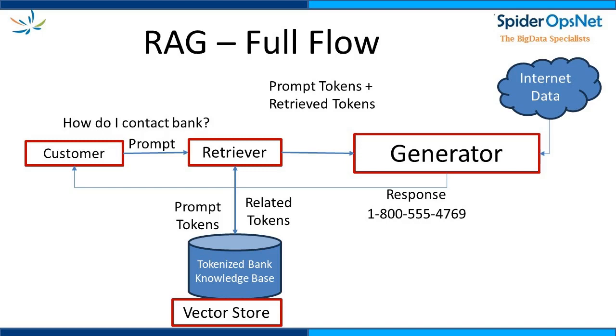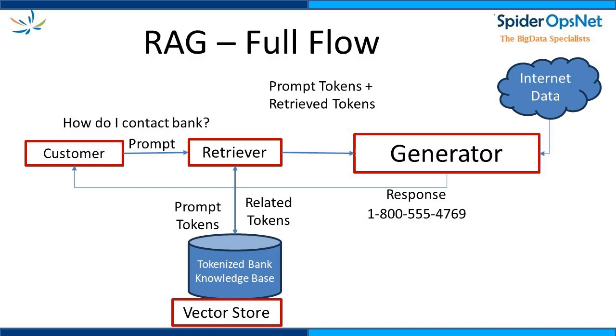When a customer asks a question, the retriever converts the prompt into tokens, sends those tokens into the vector store, retrieves the relevant tokens from the vector store, adds them to the prompt tokens, and sends all these tokens together into the AI generator, like ChatGPT, which then creates a precise and reliable response based on the most accurate information.